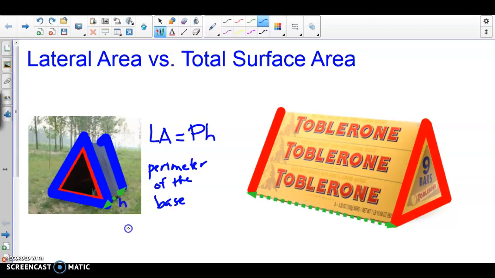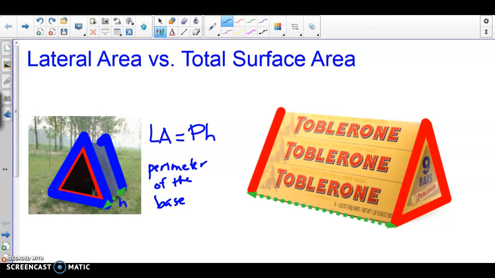So if you remember, it's quite similar to volume, right? The formula for volume was area of the base times the height. But now we're not getting the area of the base, we're getting the perimeter of the base. And then you're multiplying it by the height, which is the distance between the two bases.